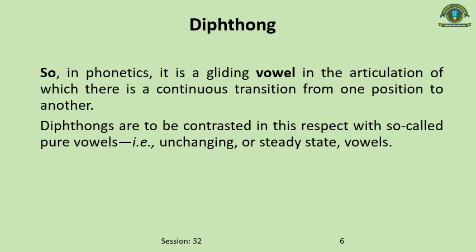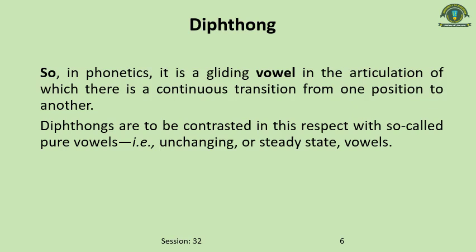That is the spot you have to focus on. When we are articulating the diphthongs of English, remember, we must feel there is a continuous transition from one position to another. Take up the case of I or A or O, whatever it is.